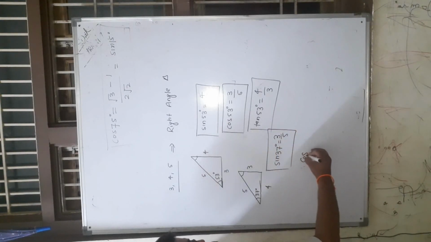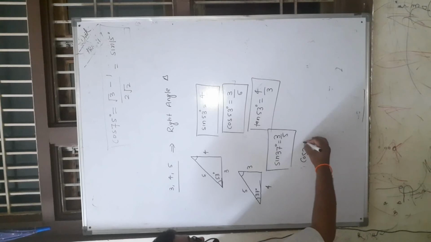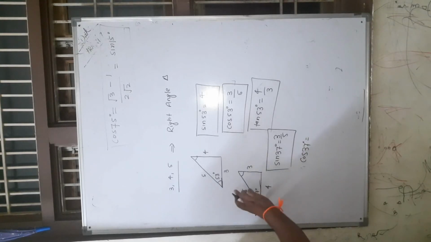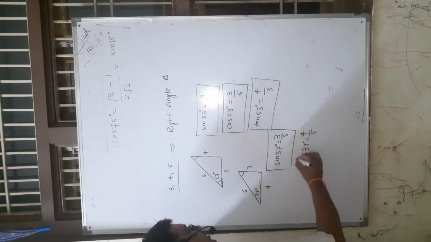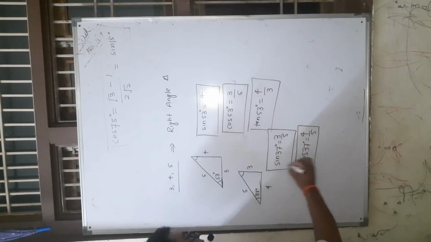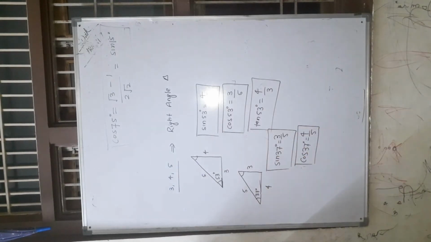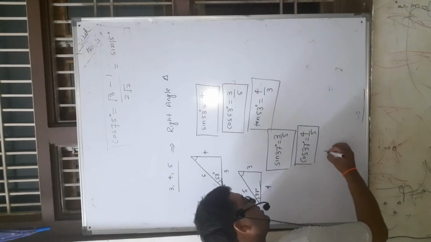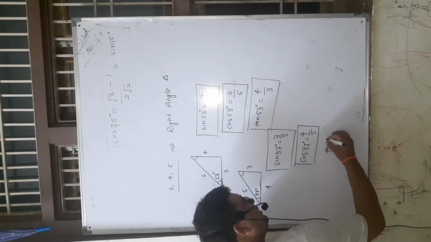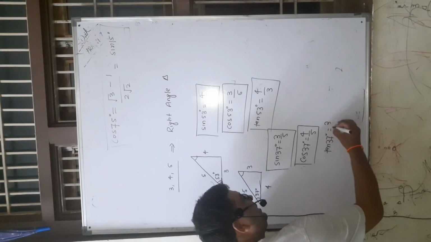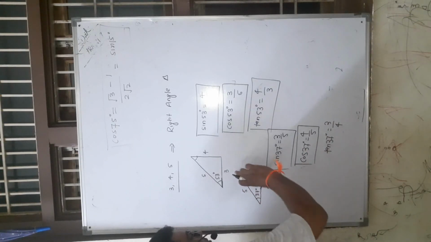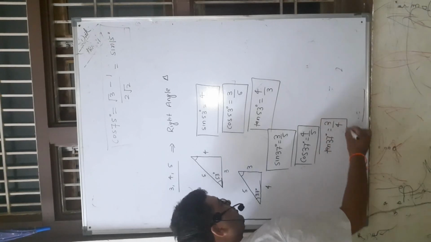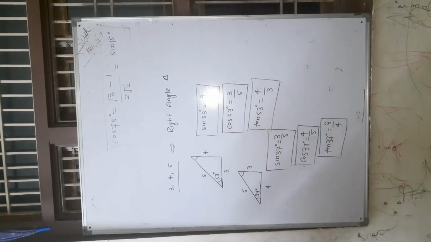Cos 37 is equal to base upon hypotenuse. Base is equal to 4 and hypotenuse is equal to 5, so this value corresponds to cos 37, which is 4/5. And tan 37 is equal to perpendicular upon base, 3/4. So guys, remember all these values.